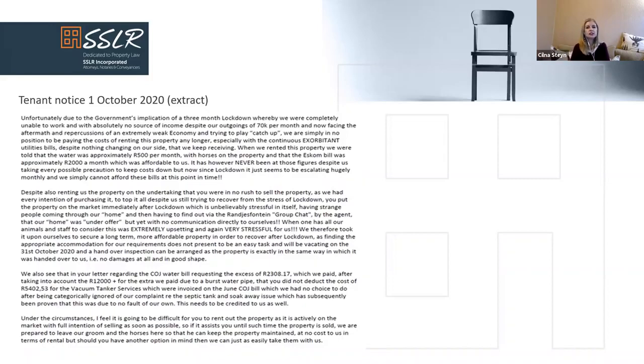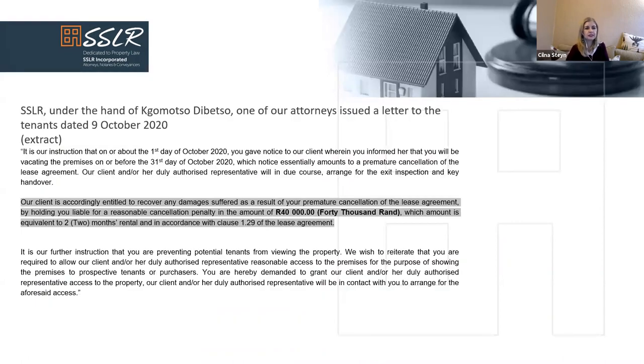So they start opening the conversation around, we shouldn't really pay the full damages because there were circumstances that brought us here. Unfortunately, this is not sufficient, and you are still liable for payment of the cancellation penalty.